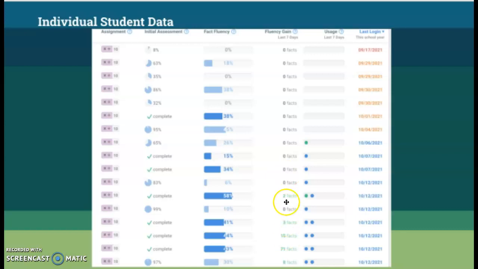Over here, you can see that there are students that have not been on for a really long time, which is something I need to work on, making sure that they get on every time. Looking at this data was good for me to see that one of my students hasn't been on in almost a month. So that's beneficial for me as a teacher to see that I need to make time for them to be able to log in.